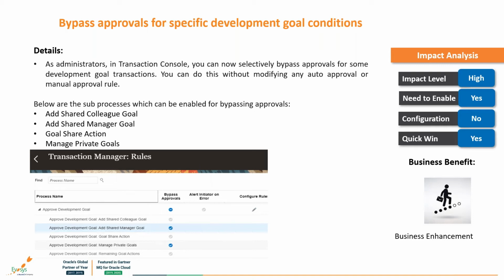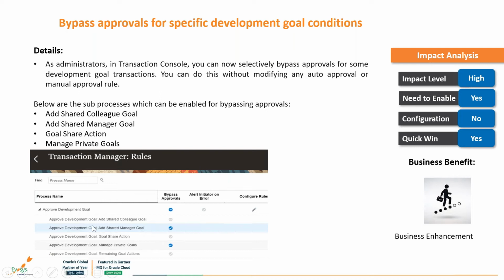What you can do is just go here and set the subprocess to bypassed. It will modify the actual approval rule and bypass the approval. So it gives more flexibility to HRs to set the configuration by themselves.